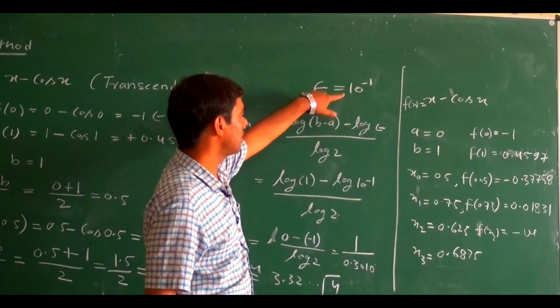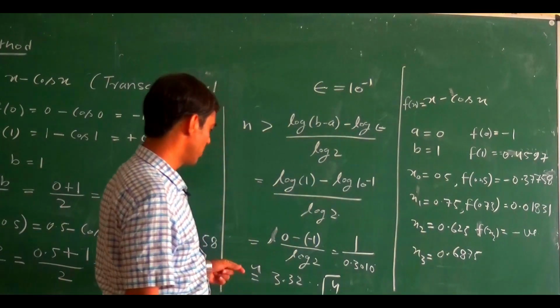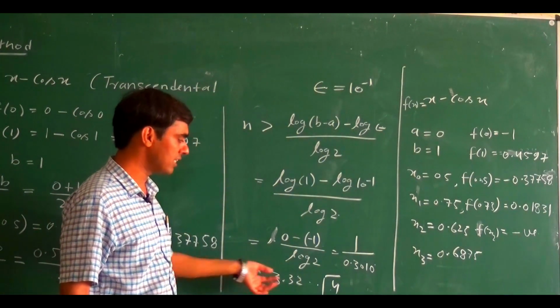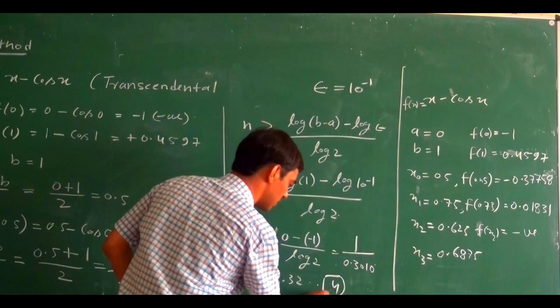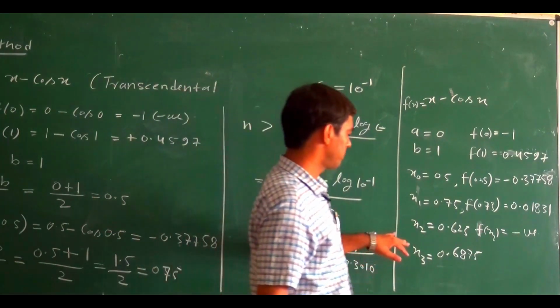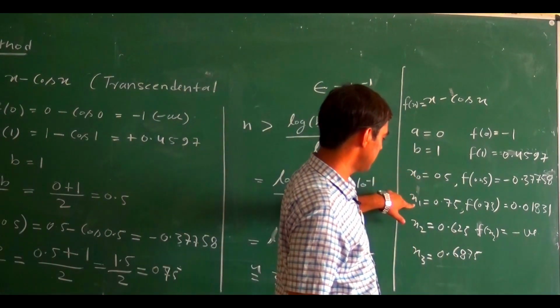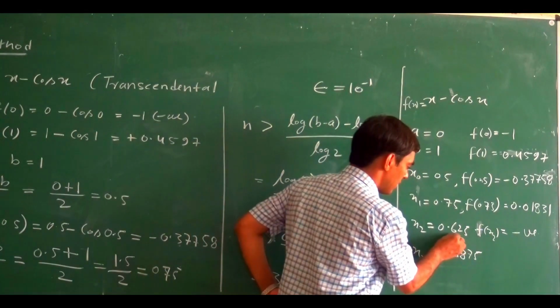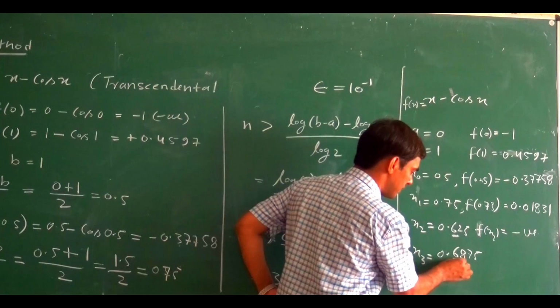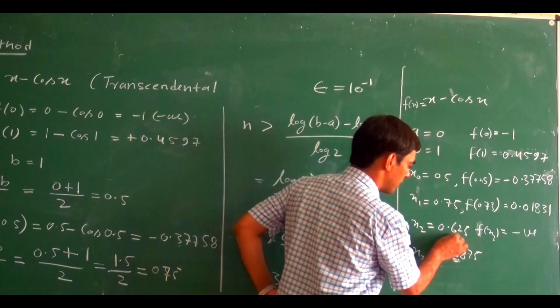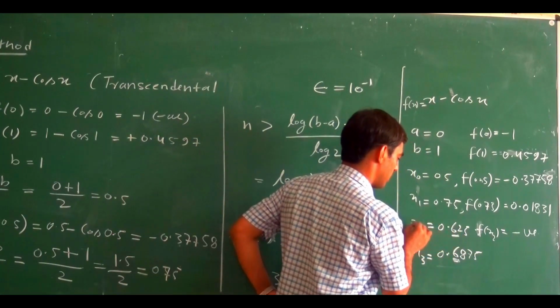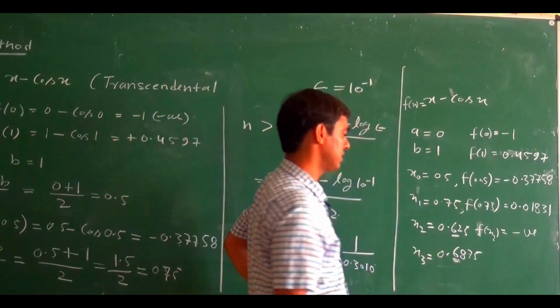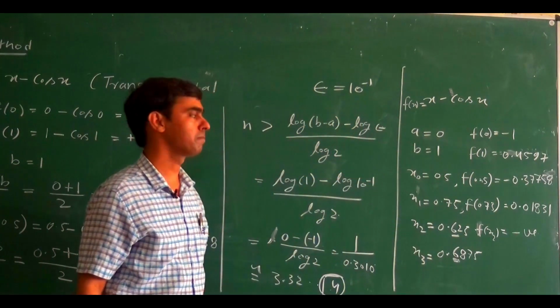So up to 1 decimal place, what is the minimum number of iterations required? The minimum number of iterations is 4: first iteration, second iteration, third iteration, fourth iteration. So here the root is repeated up to 1 decimal place. Now the root correct up to 1 decimal place is 0.6.